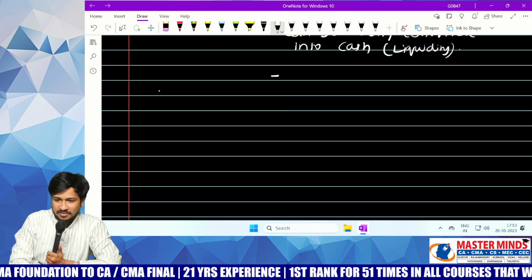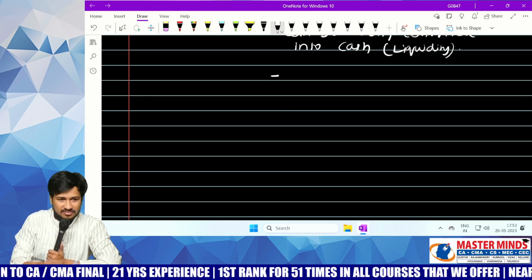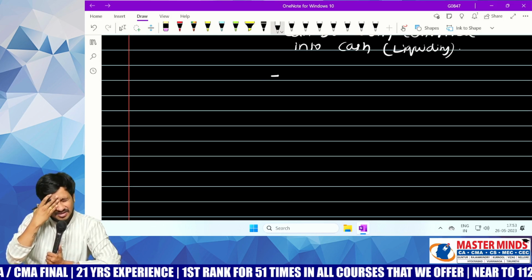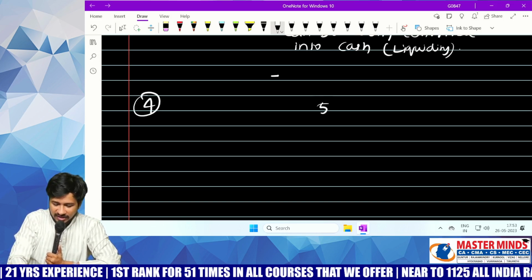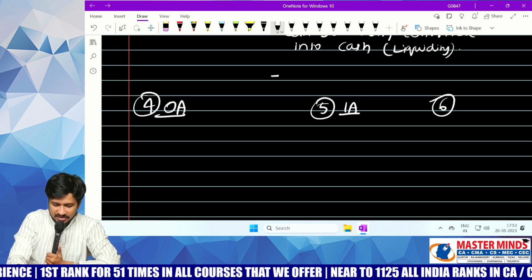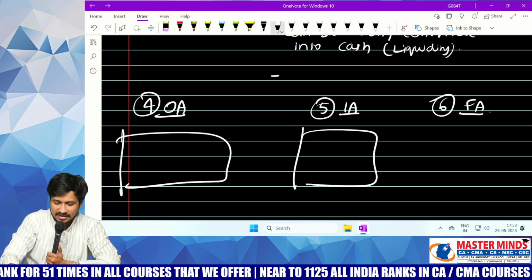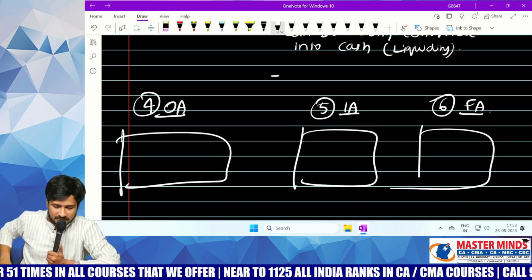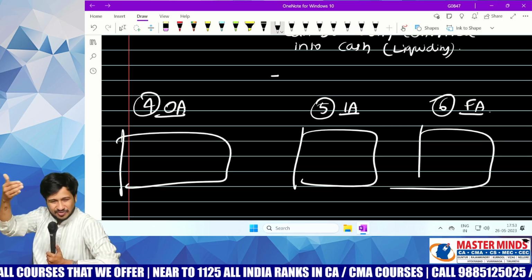Next, definition number 4. What is our cash flow statement? Operating activities, investing activities, financing activities. You'll be having them side by side. If you're not having enough space, you can write even one by one.